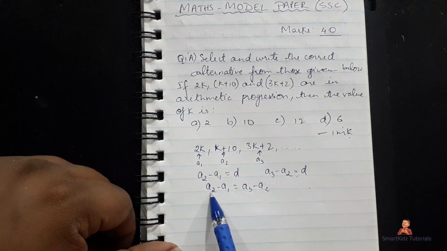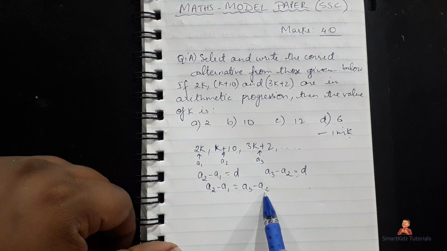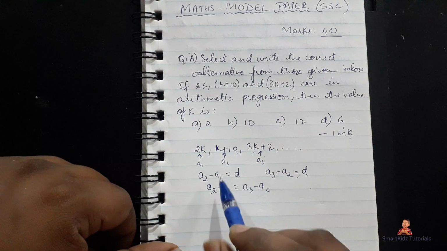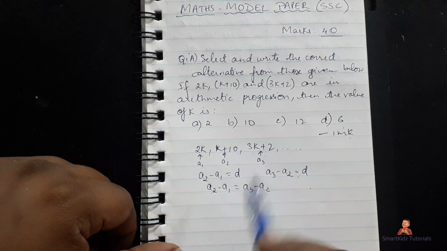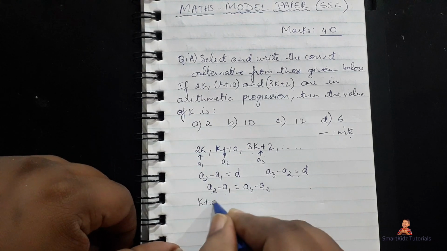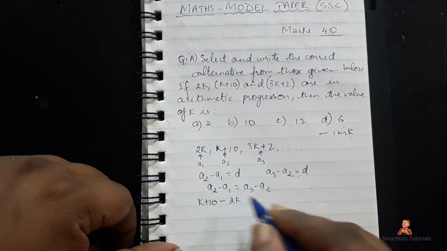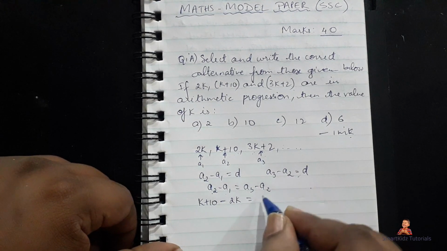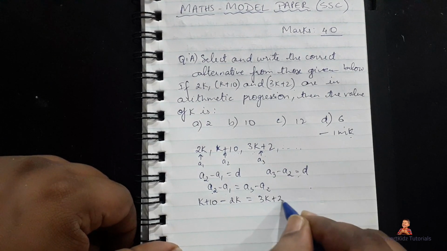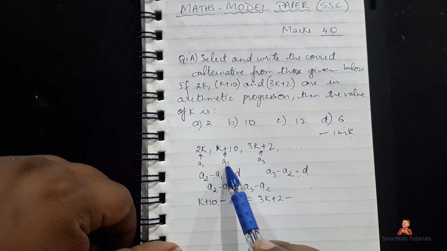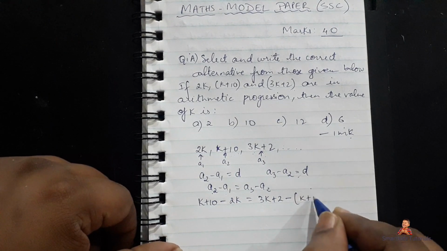All we need to do is write down what is a2. So a2 is k plus 10, minus a1, which is 2k, equal to a3, which is 3k plus 2, minus a2, which is k plus 10.